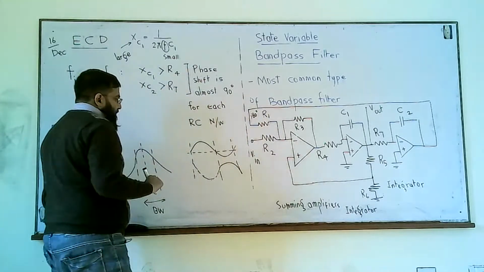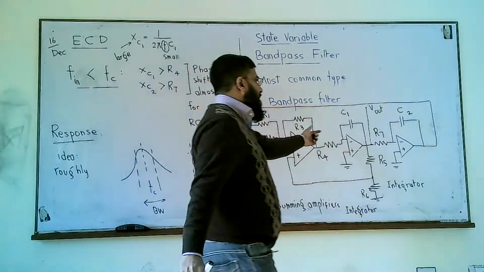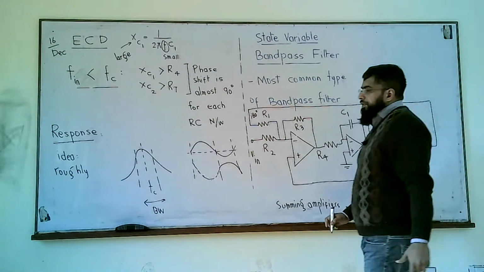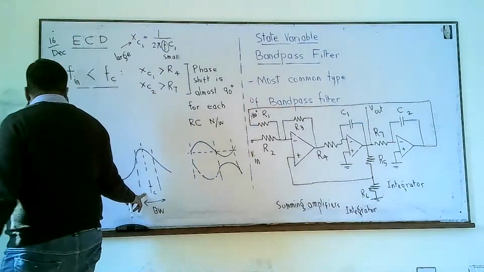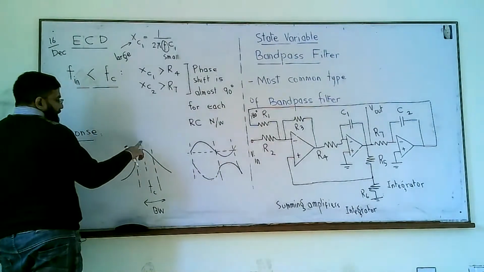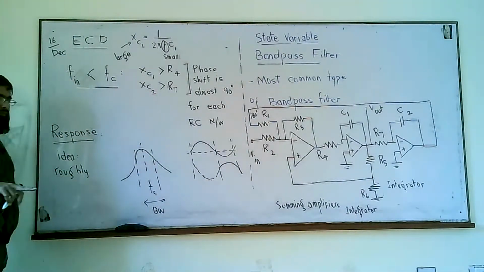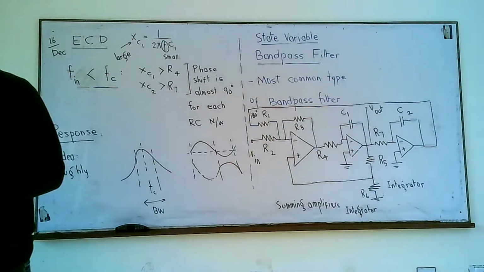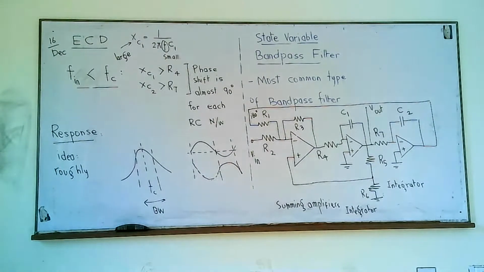So before Fc we get minimum response, and this is what we are supposed to do, because we are going to have a filter with a very sharp band, a filter with good selectivity. Good selectivity means that Fc over bandwidth is very large.